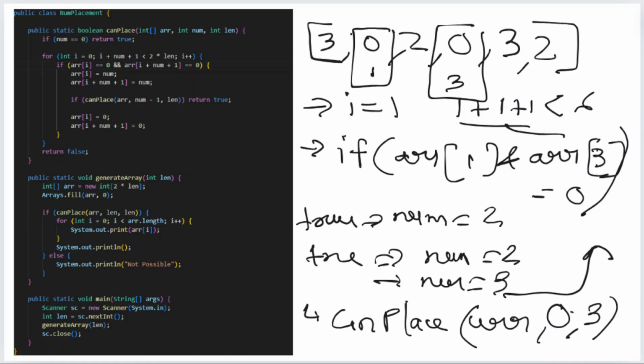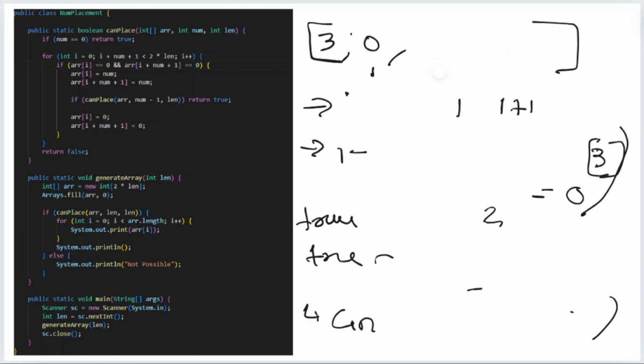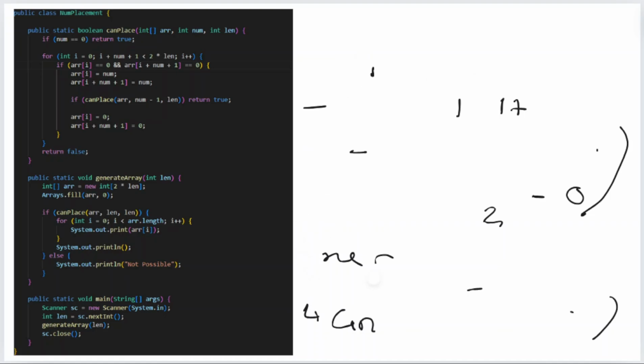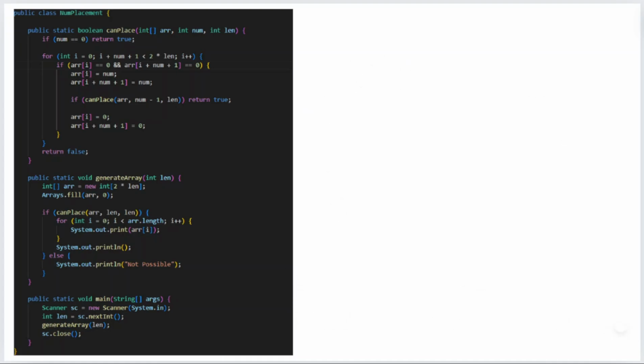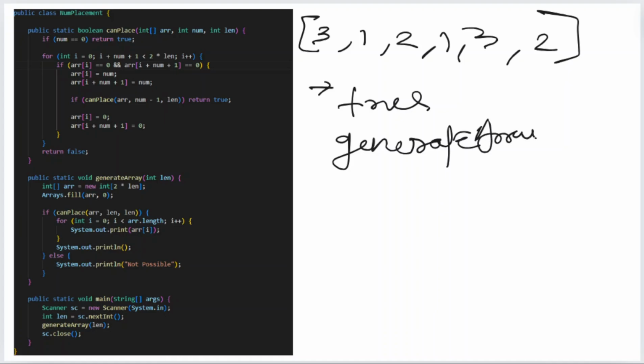And at last, since we were able to place all the elements at their positions, it will be returning true to the generate array function. And there we will be able to print out the elements one by one.